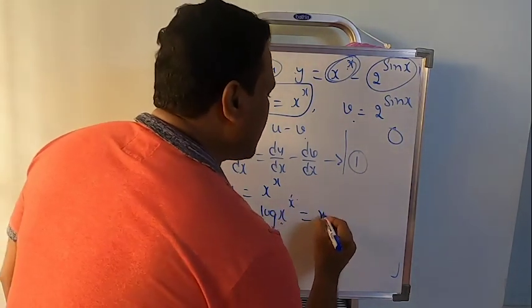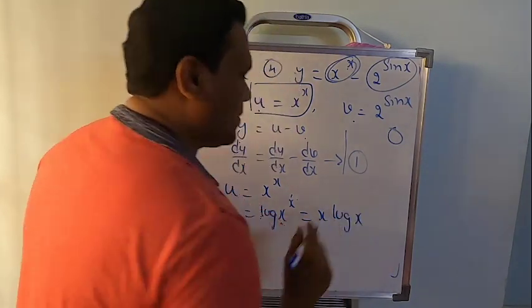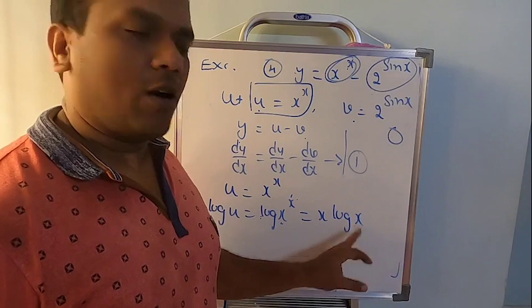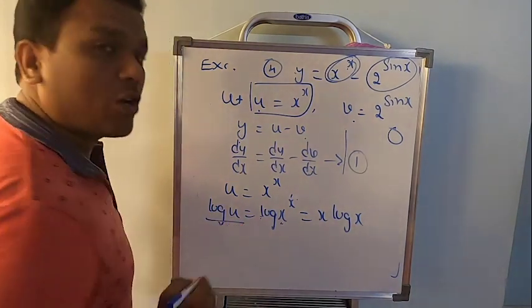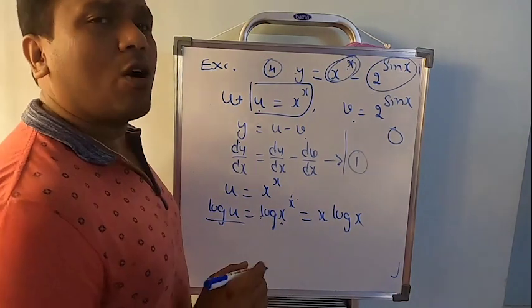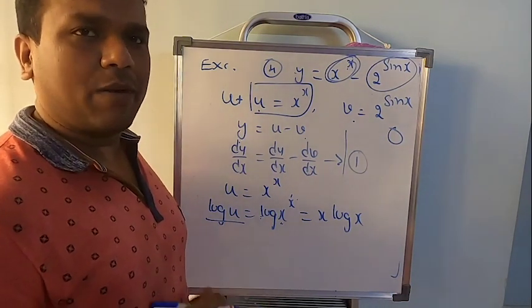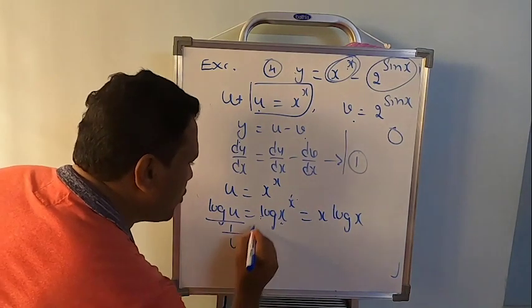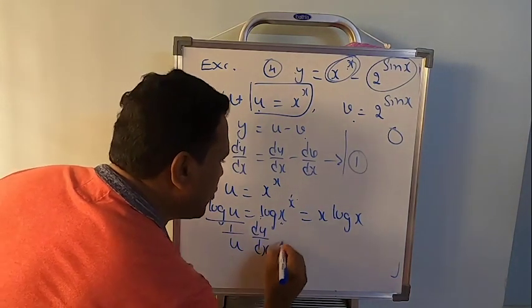Log of x to the power y can be written as y log x, so log of x power x will become x multiplied by log x. Now differentiate, log u, with respect to x. Just like log y gives 1 by y multiplied by dy by dx, log u should be 1 by u multiplied by du by dx.